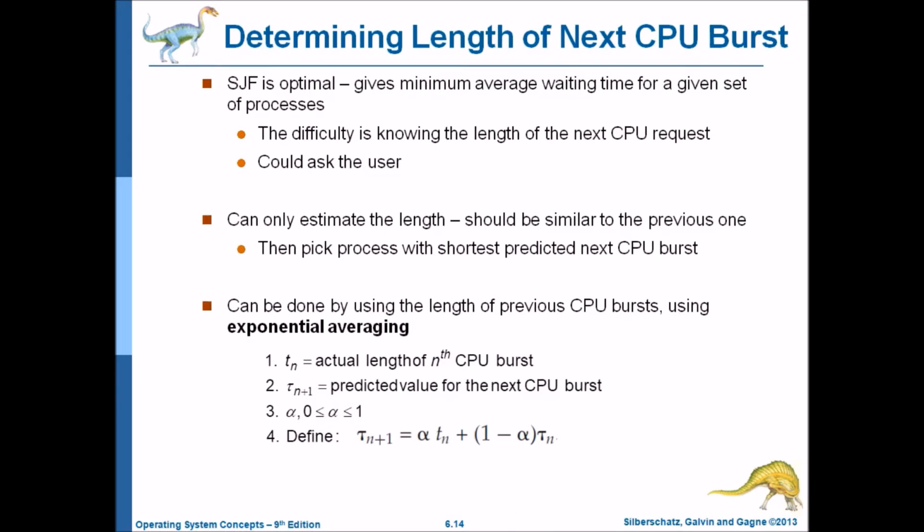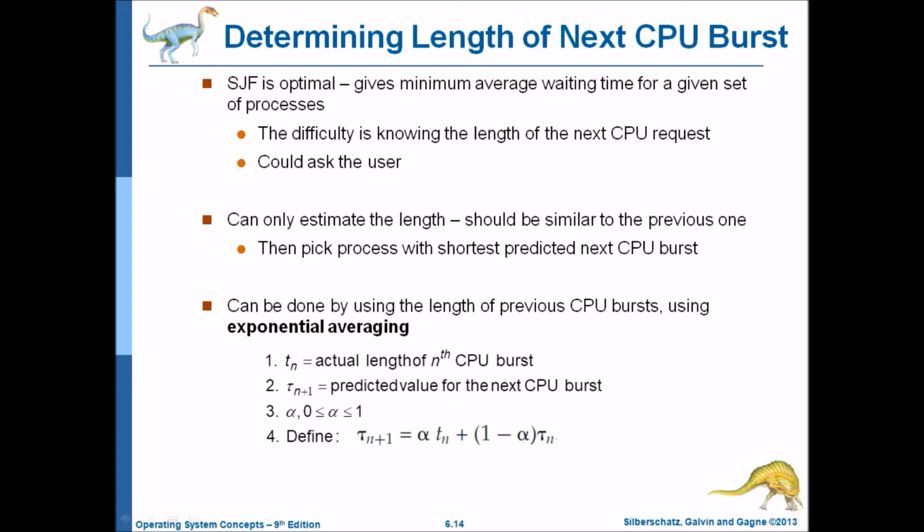So the formula is: the predicted value for the next CPU burst is equal to alpha times the actual length of the nth CPU burst, plus 1 minus alpha times the previous predicted value.